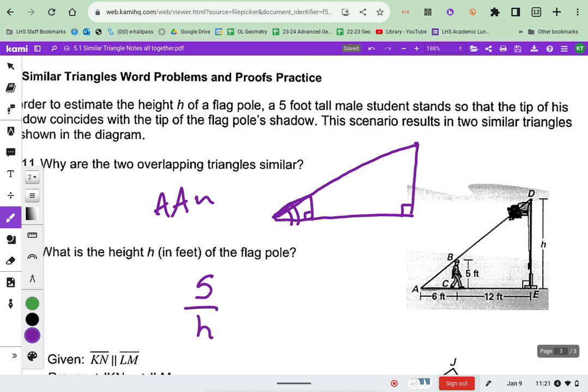And we know that should be equal to the proportion for the other side set. So the bottom of the man's triangle is 6. What's the bottom of the flagpole's triangle? 18. Yeah, you got to make sure and do the 12 plus 6 to get that whole bottom of the triangle in there.